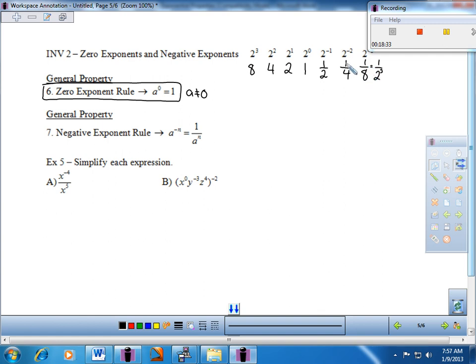This, everybody, is 1 over 2 squared. This is 1 over 2 to the first. Okay, so how we treat a negative exponent is the last property here. And so numerically speaking, anything raised to the negative exponent is really 1 over raised to the positive. Okay, I'd ask you to do example 5, just the A and B, and then we'll kind of pause for a minute and see what's going on.